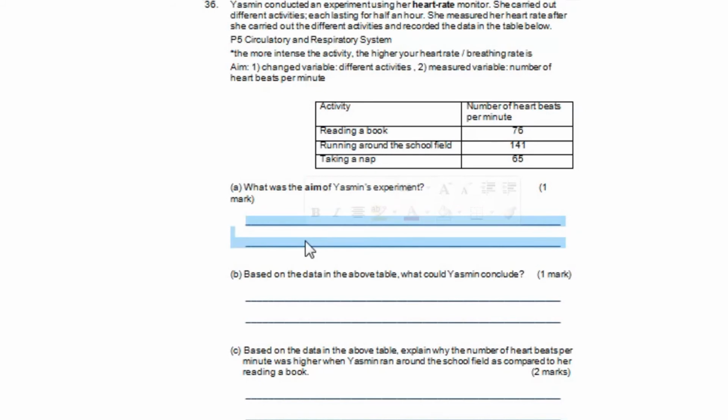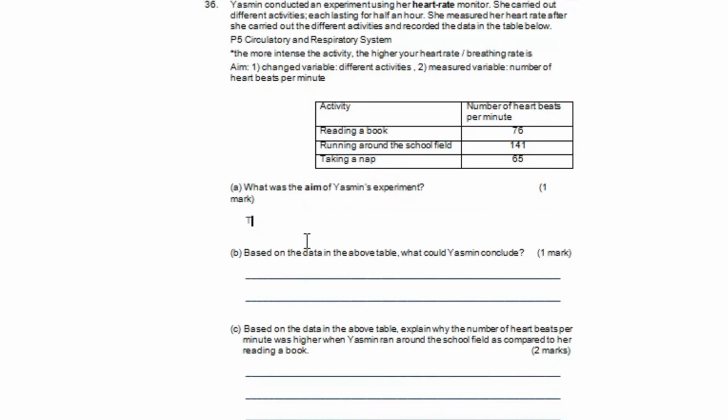Remember, Miss Anna always says to come up with an aim, you just need to write "to find out if", and then insert your change variable. What's your change variable? Different activities, right? So you insert your change variable already. Now add the word "affects". Then you write your measured variable. What is your measured variable?